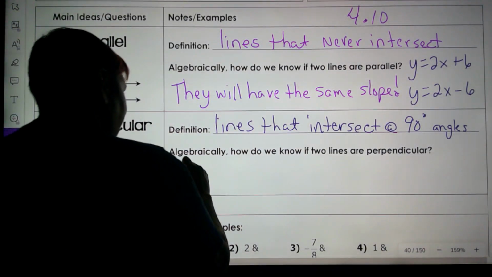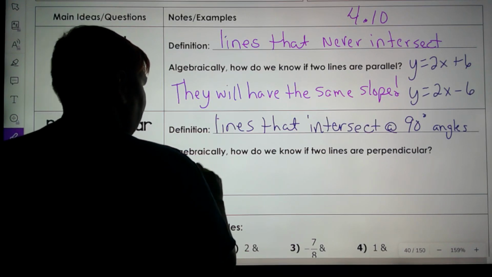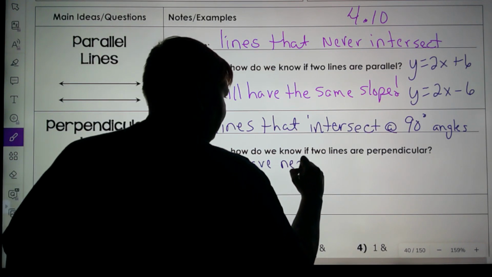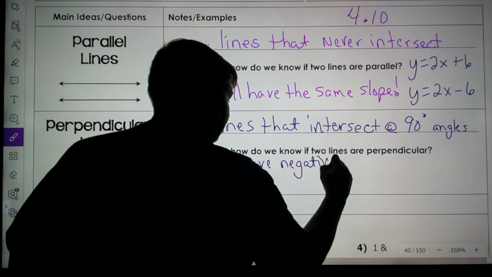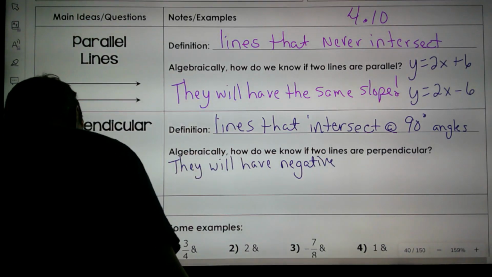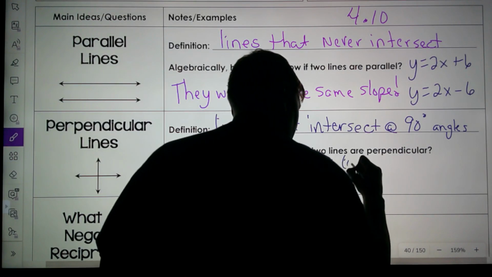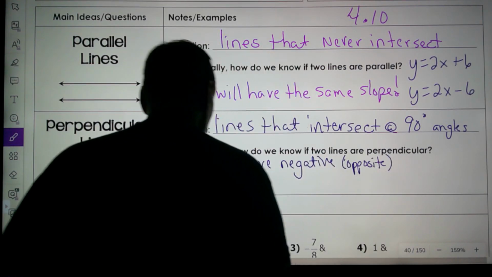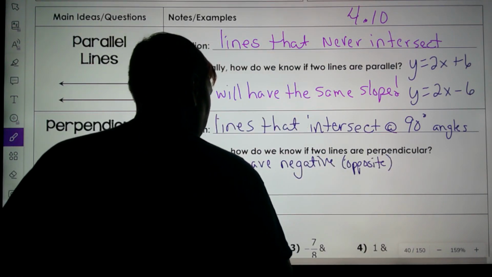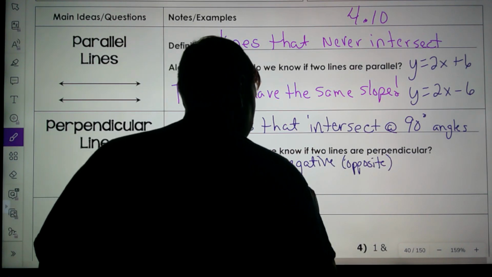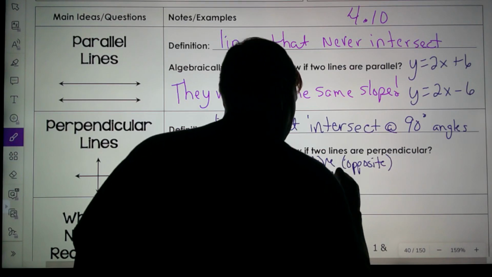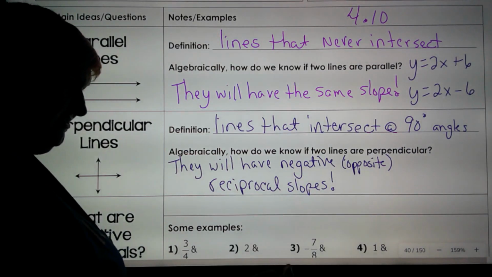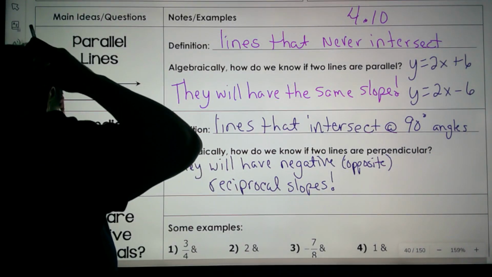They will have negative reciprocal slopes. The slopes will be opposite, and I will show you what I mean by that.